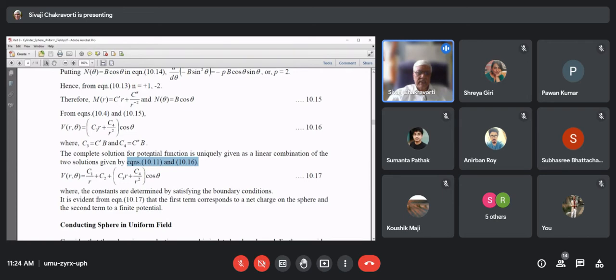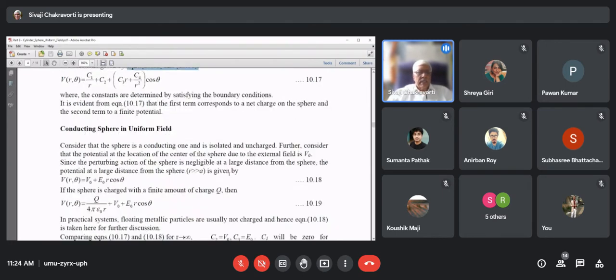But now I find that we have to take a practical case. So we are saying a conducting sphere in uniform field. As I already said, this is like a metal dust.